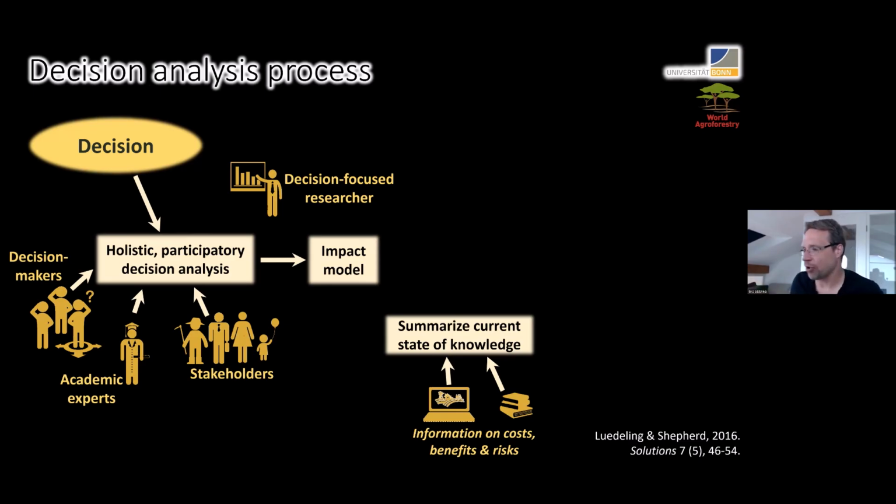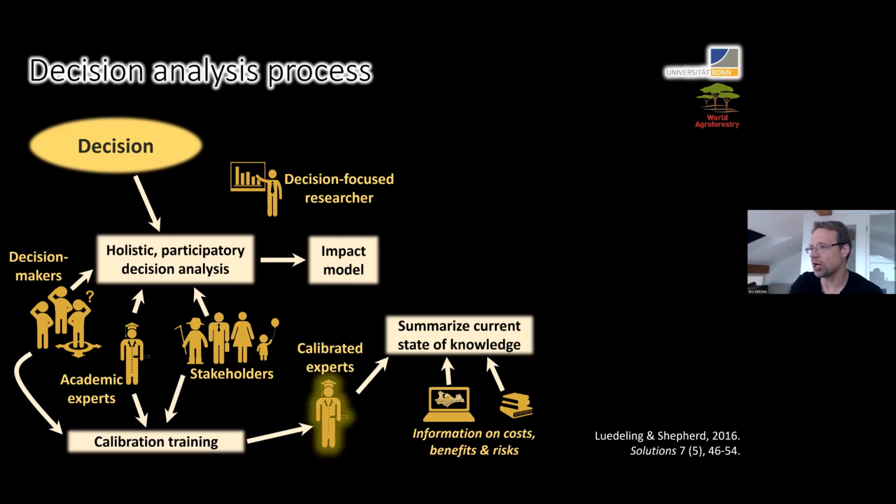So this can come from all kinds of sources. It can come from databases or books, certainly from the literature, but it can also come from the experts themselves. So sometimes this is the best source of information we have. And rather than not considering important things, we'd rather take the estimates of experts to feed our model.